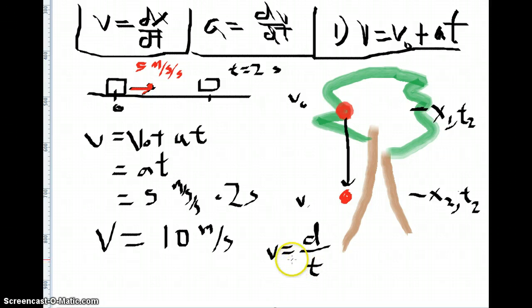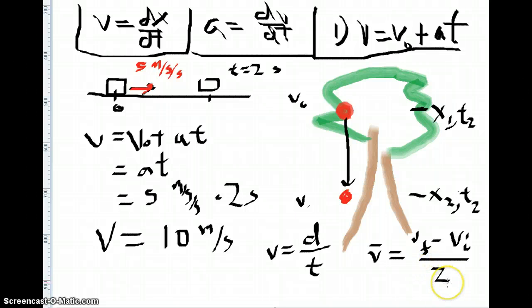Is it velocity equals 10, time equals 2? Well, not exactly, because it started at time 0, but since it was a constant acceleration, we can say that the average velocity is going to be equal to the velocity final plus the velocity initial divided by 2. That's just an average.